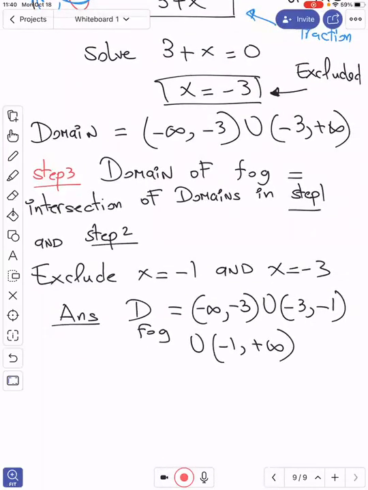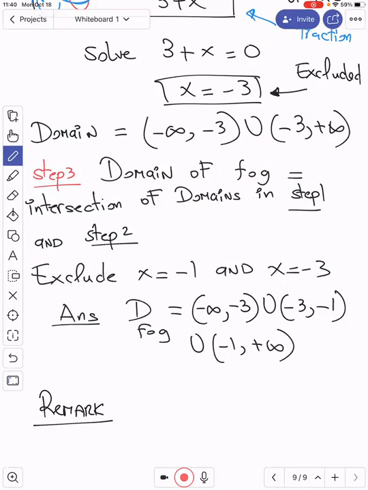For the domain of g composed with f, guys, the idea is just the same, except that in the first step, I'm going to make this remark about g composed with f, and then I'm going to go over number 8. As I said, number 7 is not in the test.